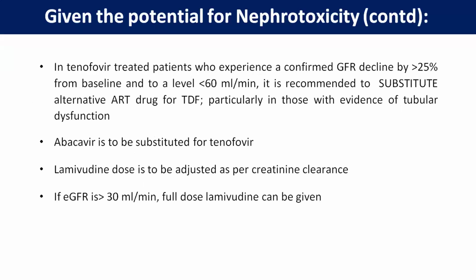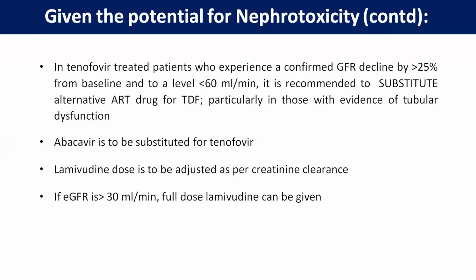Now, a few other points. In tenofovir-treated patients who experience a GFR decline of more than 25% from baseline and to a level less than 60 milliliter per minute, it is recommended to substitute an alternative ART for TDF, particularly in those with evidence of tubular dysfunction. I have already mentioned that abacavir is the best choice in place of tenofovir.